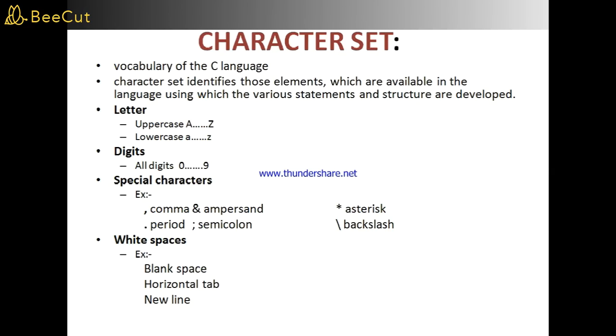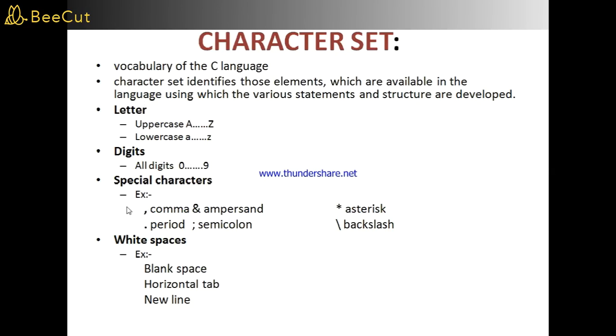Here is the list of characters that you can see. Letters, basically, to write a program we need this kind of character set. It may be uppercase or lowercase alphabet only, followed by digits, 0 to 9, and combinations of 0 to 9. The character set consists of letters, digits, and even special characters.